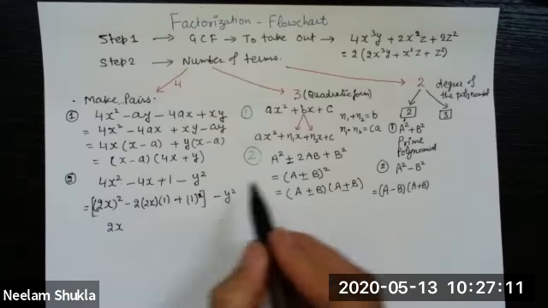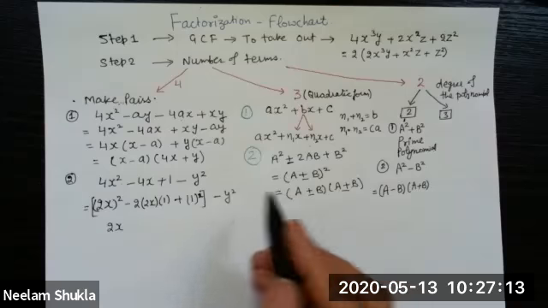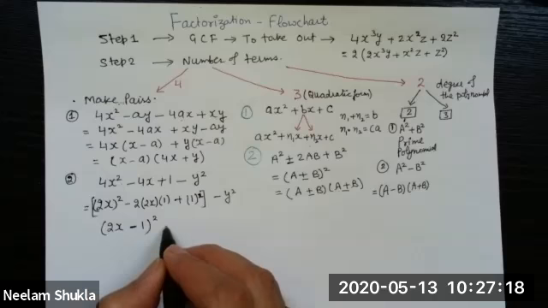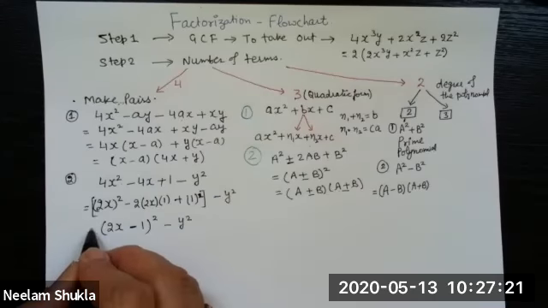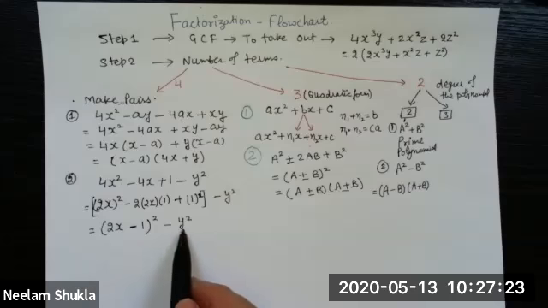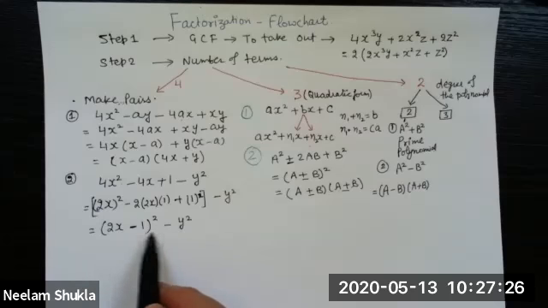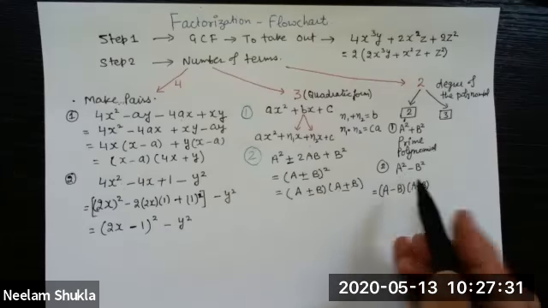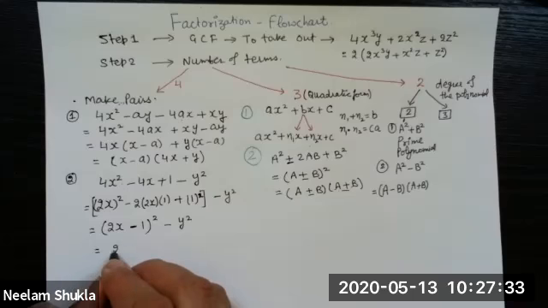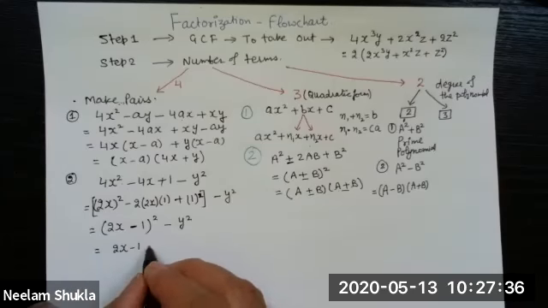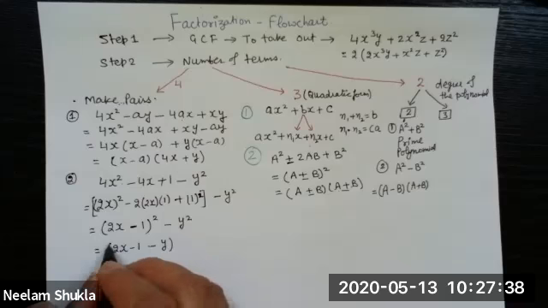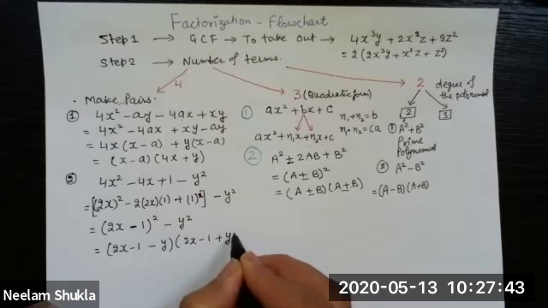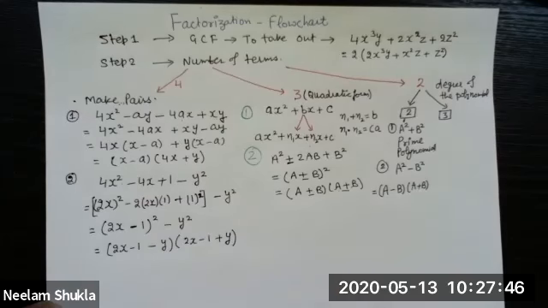You can compare this with step number 2 in the second possibility. This is 2x minus 1 whole square negative y square. Now you have a situation where your expression is a square negative b square. So break it. Your a is 2x minus 1 and b is positive y. That is your final answer.